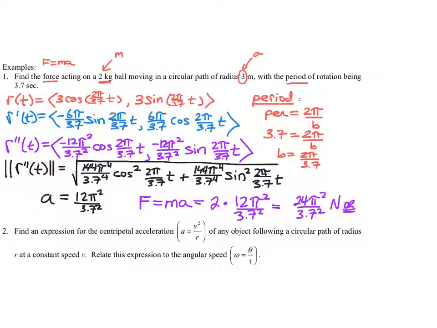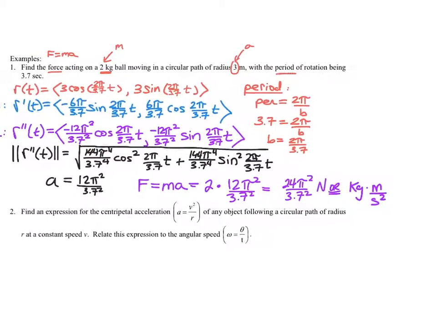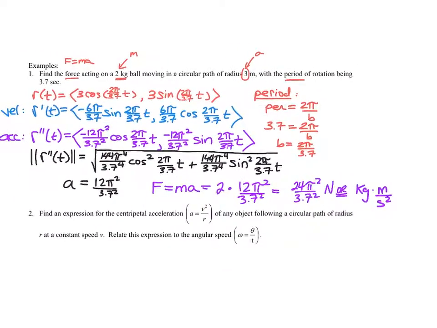My second derivative, meters per second squared. And so when we multiply it by kilograms, we get kilograms multiplied by meters per second squared, which you may or may not know is the definition of a Newton.